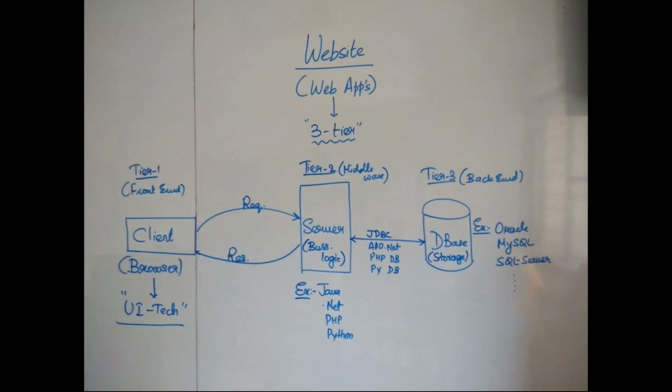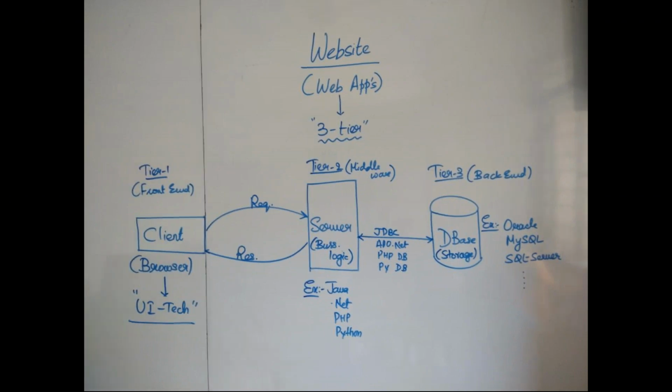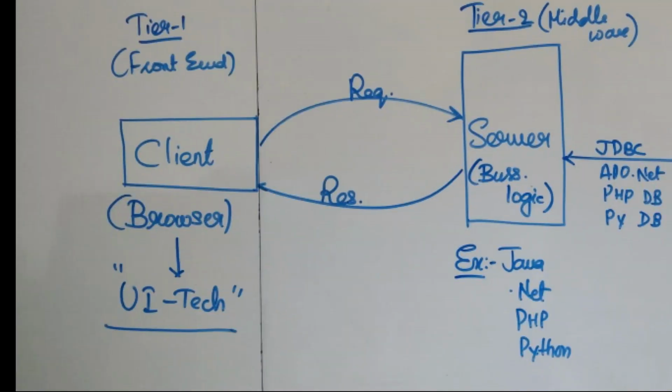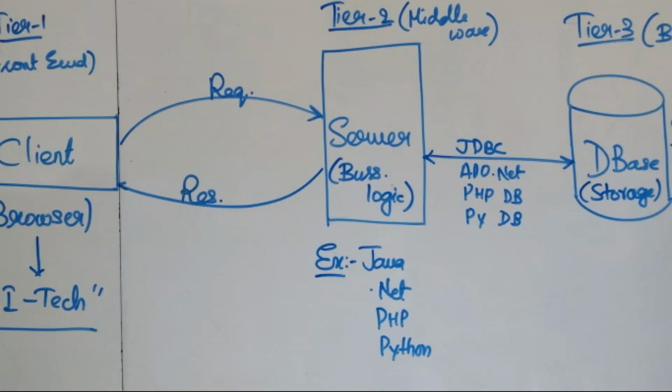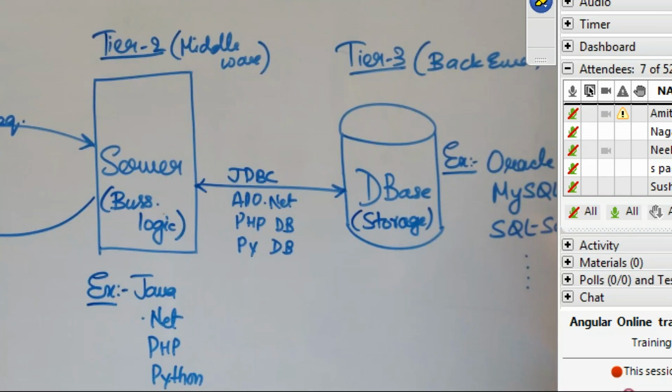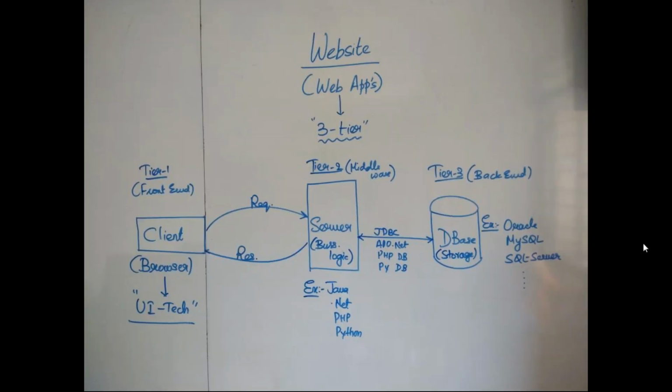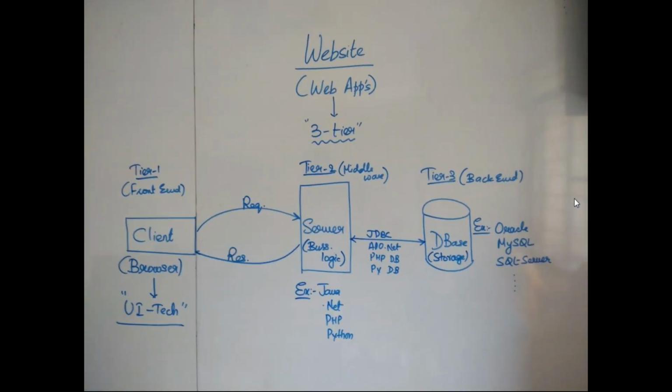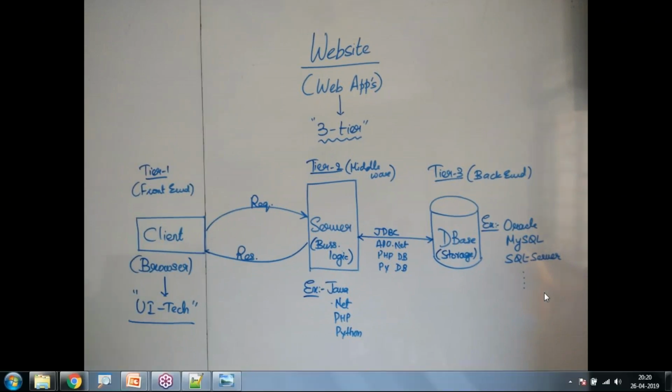On tier 1 we use UI technologies, on tier 2 we use server-side technologies, and on tier 3 we use database storage systems: Oracle, MySQL, SQL Server. Right. So is it okay, all of you? This is 3-tier architecture for developing dynamic web applications on internet.